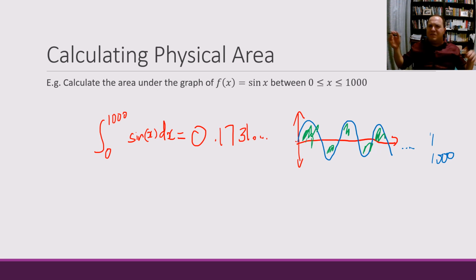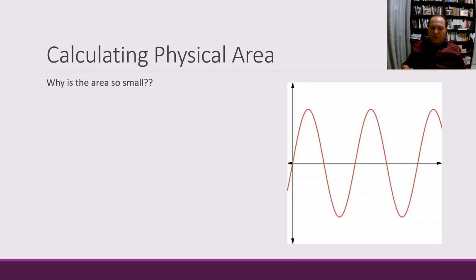But over a distance from 0 to 1,000, the big question is, well, why is that the case? Why is this area so small between the sine x function and the x-axis over a distance of 1,000? Why is it so small? See, when we're using integrals, where the graph is at any particular point is very important.